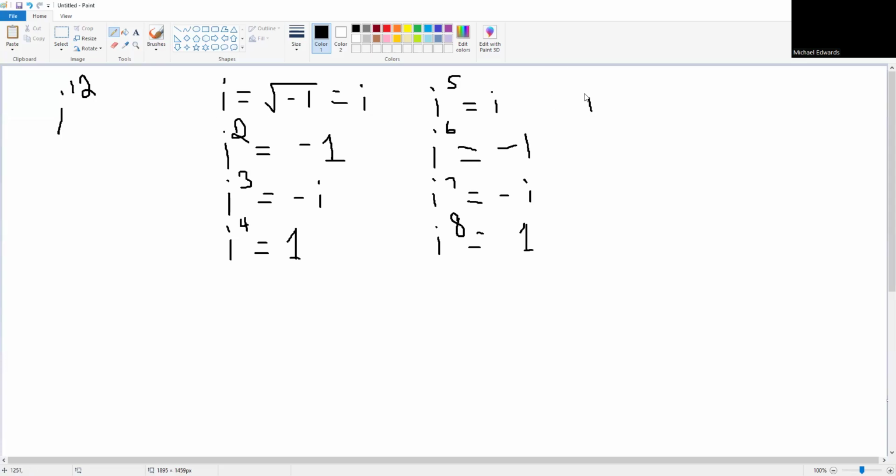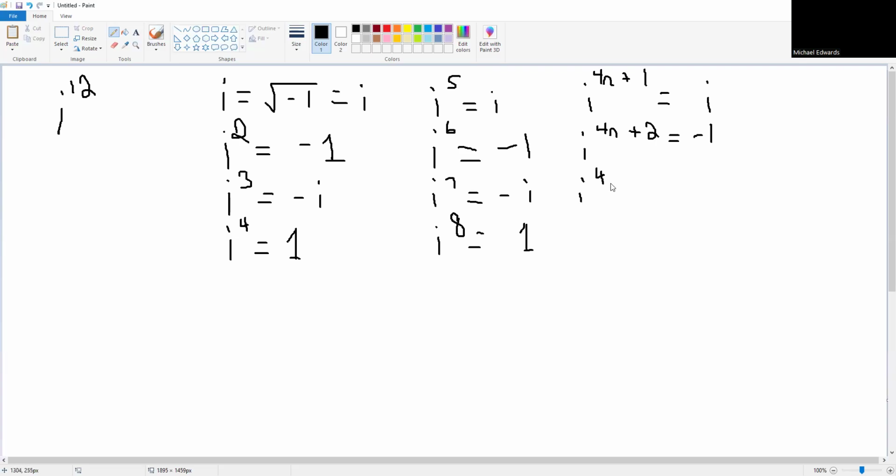Well, according to your chart, if we have i to the 4n plus 1, that equals just i. If we have i to the 4n plus 2, and you see the pattern, we're getting -1.